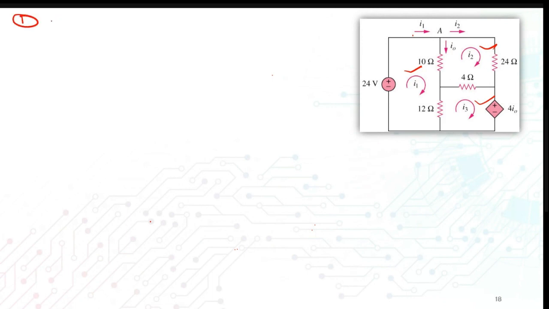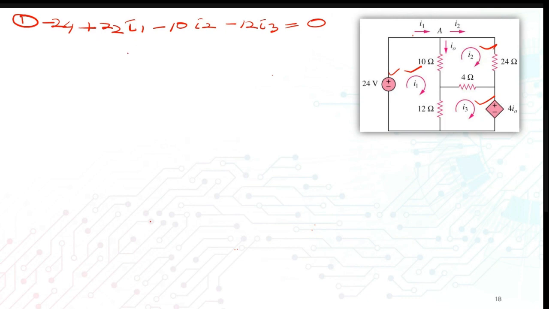In this loop, let's start from here: negative 24 plus, when you add these two resistors, you will get 22 I1. Then you minus 10 I2 minus 12 I3 equal to 0.